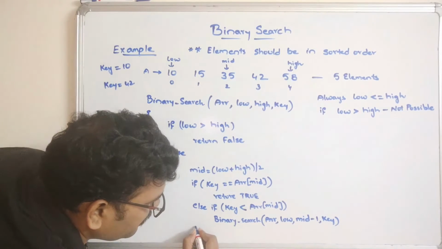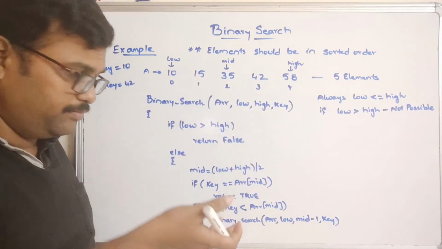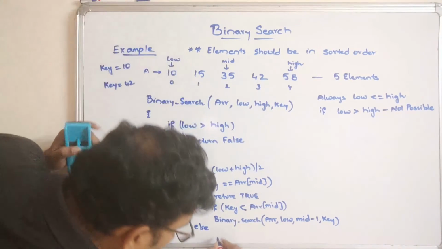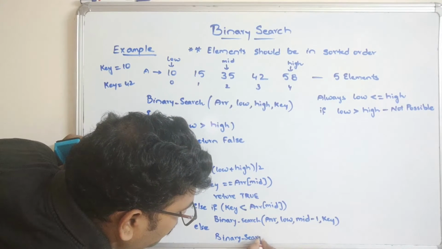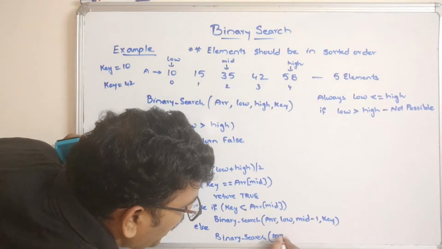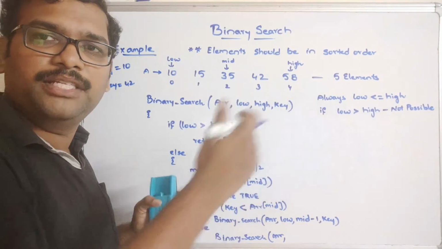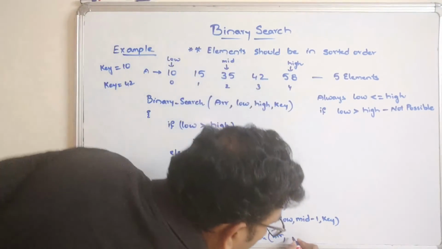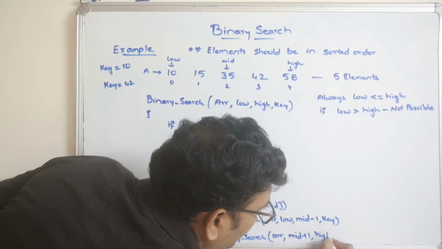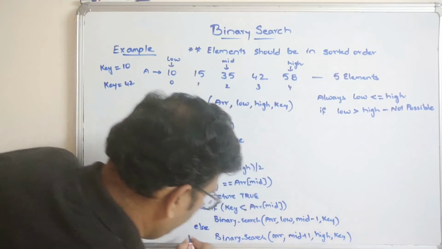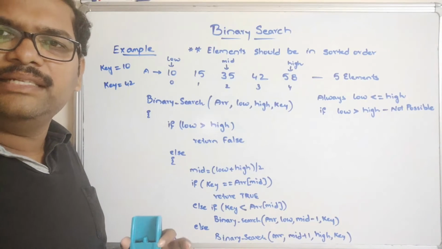Okay, then else, if both the cases are false, that implies the key is greater than array of mid. So again we can write binary search, array, and now the search space will be reduced to the right half. Right half means low value will be changed to mid plus 1. So mid plus 1 to high, key. So this is a simple and very easy algorithm.